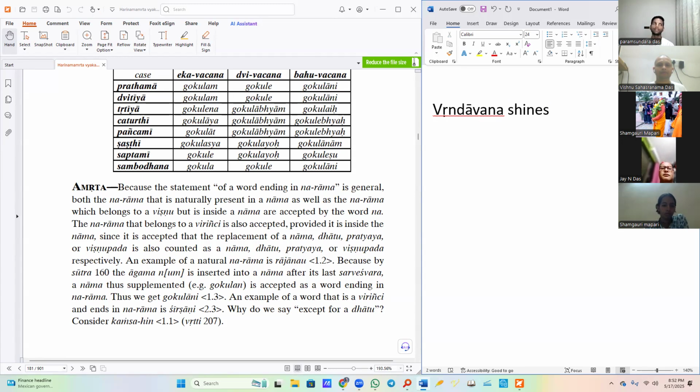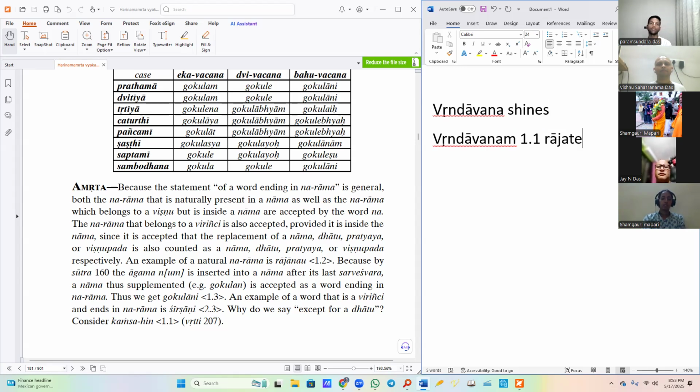Or you can say Vrindavan is shining. So now the word Vrindavana is neuter gender, Napumsakling Shabda, Brahmalinga. So Vrindavanam, that's 1.1, subject, doer, and then we'll put the Kriya, that would be something like Rajate.